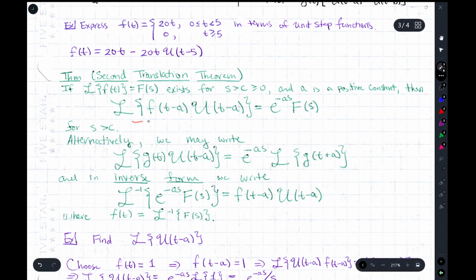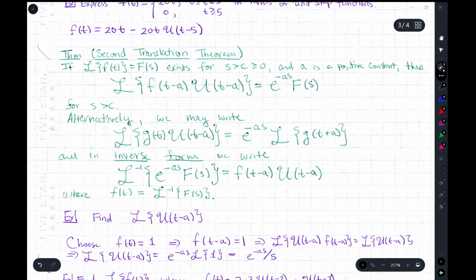Alternatively, we may write this in the form of g of t with the unit step function, so this is not translated, but then the translation just happens in here, okay? G of t plus a, the Laplace transform of g of t plus a, so instead of here, it's here. That could help us in some situations.